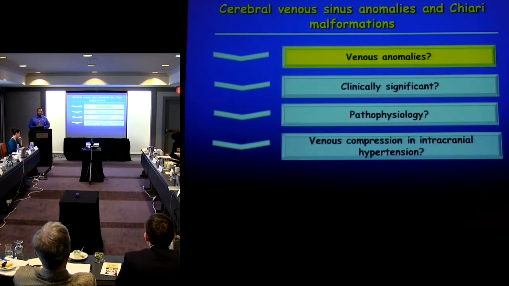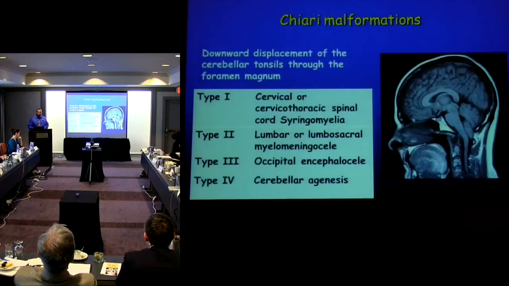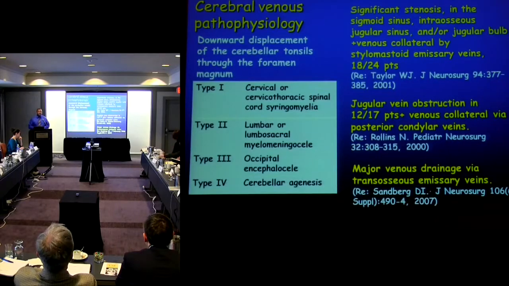So in terms of venous anomalies, we all know what Chiari malformations are, and we all know the types of Chiari malformations that exist, all of them having in common tonsillar herniation. But one thing that has gained attention over the last few years is the presence of concurrent venous anomalies.